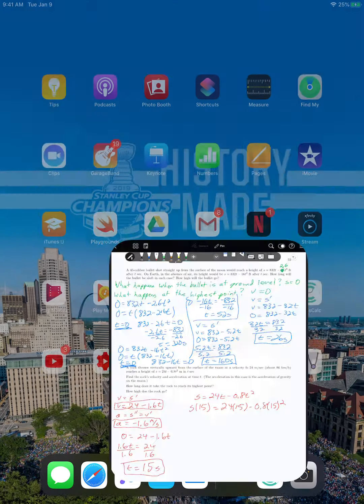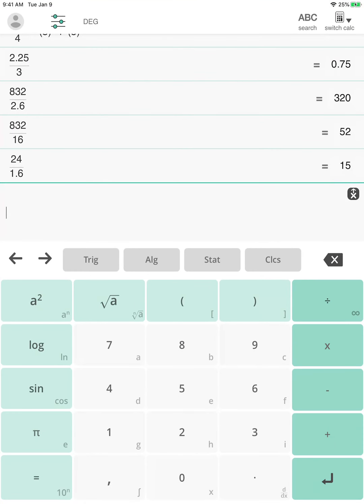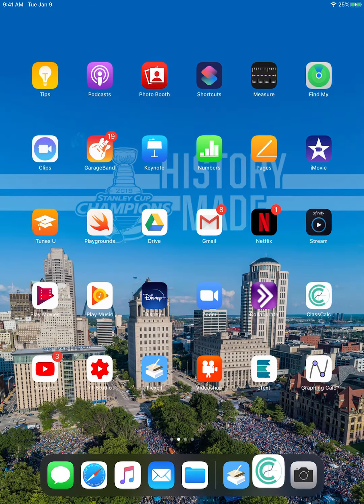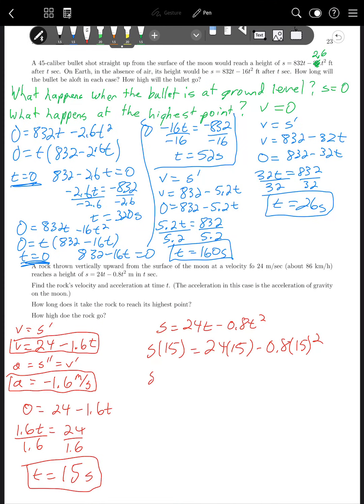So we can go back to our calculator and plug that in: 24 times 15 minus 0.8 times 15 squared. And so we get that it reaches 180 meters. So s of 15 would be 180 meters, which is the highest point it reaches.